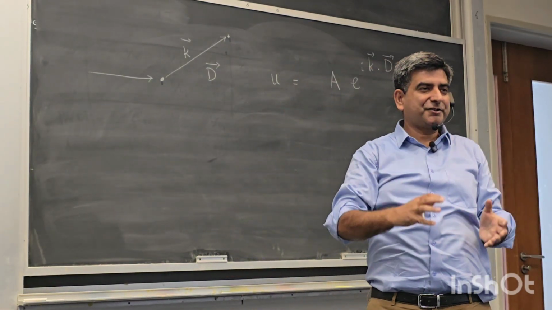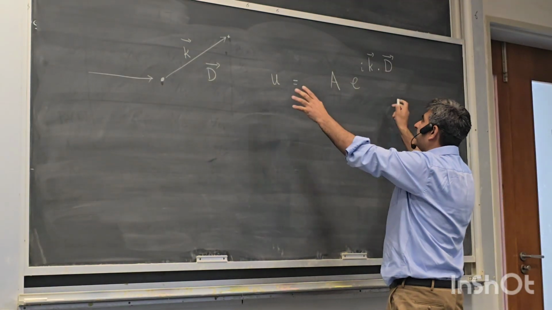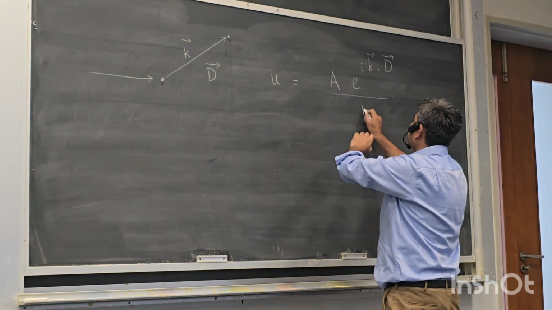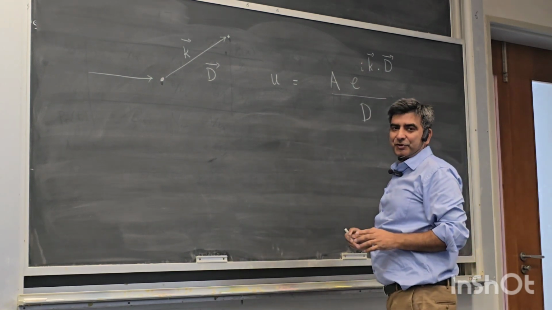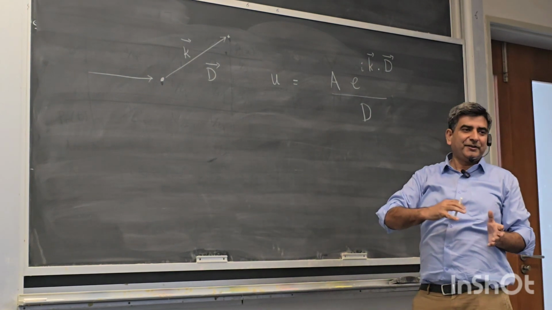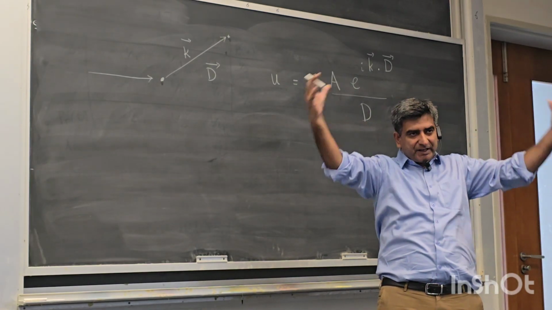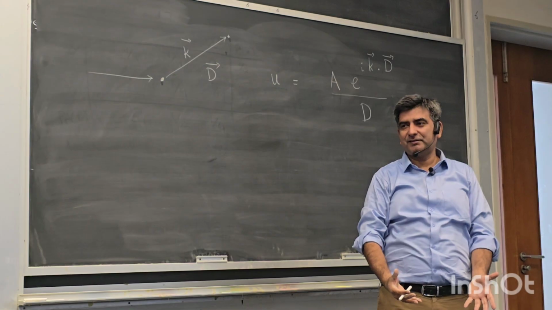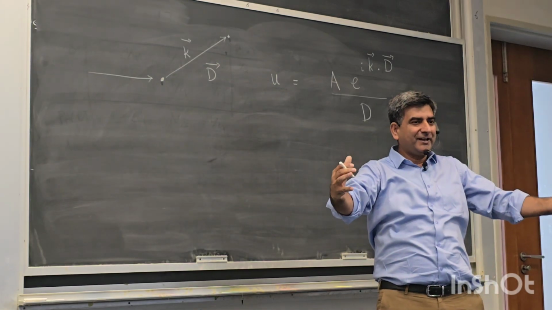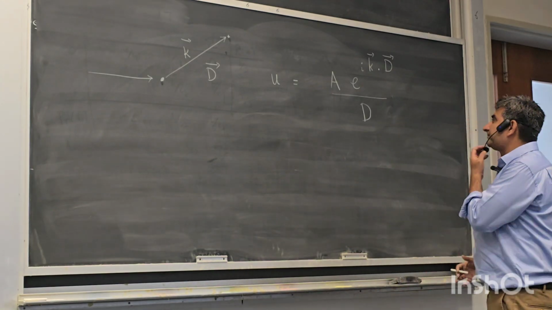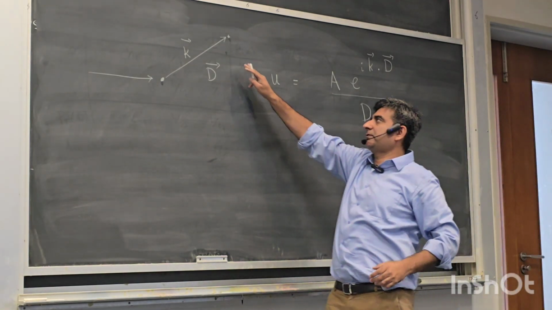For spherical wave fronts, electromagnetic wave theory tells you that you need to divide by d as well to keep the energy constant, because as you go to bigger values of d, the area goes up as d squared. So the intensity has to go down by 1 over d squared to keep the overall energy constant. So this is the kind of scattering amplitude that is received over here.